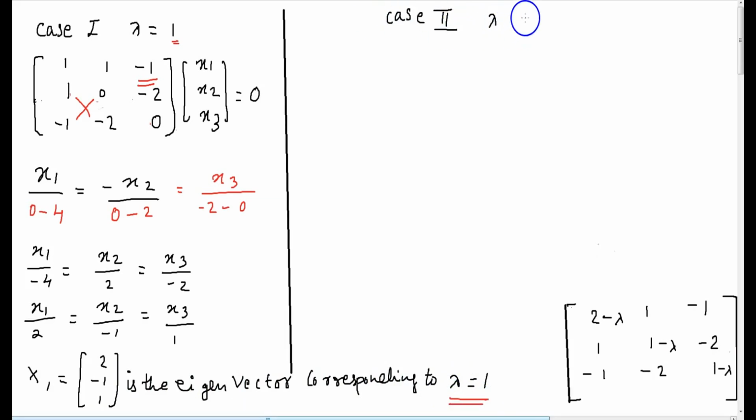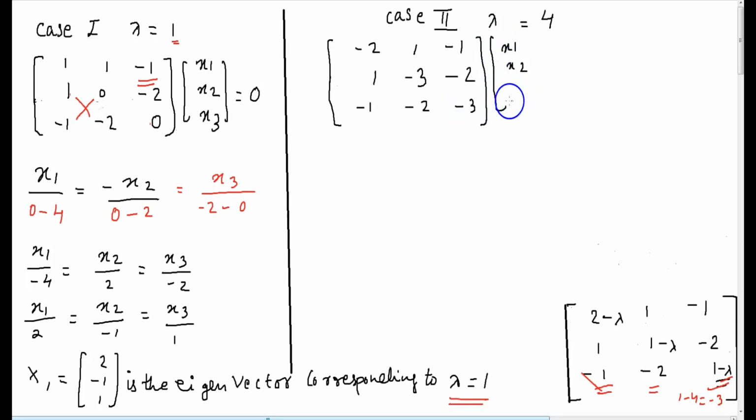Now consider the case lambda equal to 4. Subtract the value of lambda from diagonal elements of the matrix A. Then we get the matrix as -2 1 -1, and the second row is 1 -3 -2, and the third row is -1 -2 -3 into x1 x2 x3 equal to 0.